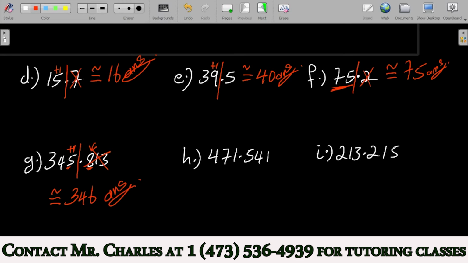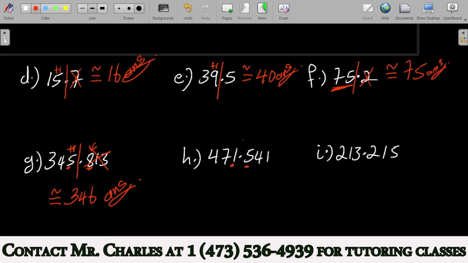Now H is 471.541. The digit in the units place, or the ones place, units is the same as ones, is 1, and the digit in the first decimal place is 5.